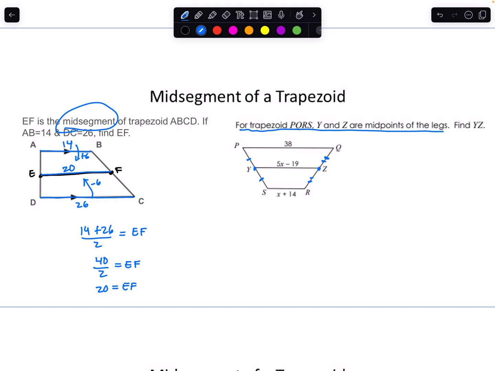So when I set up my equation, I want to take the two on the outside, and those are the ones I'm going to add. So PQ plus SR divided by 2 will equal the length on the inside, the middle, 5x minus 19. I'll label it as YZ.